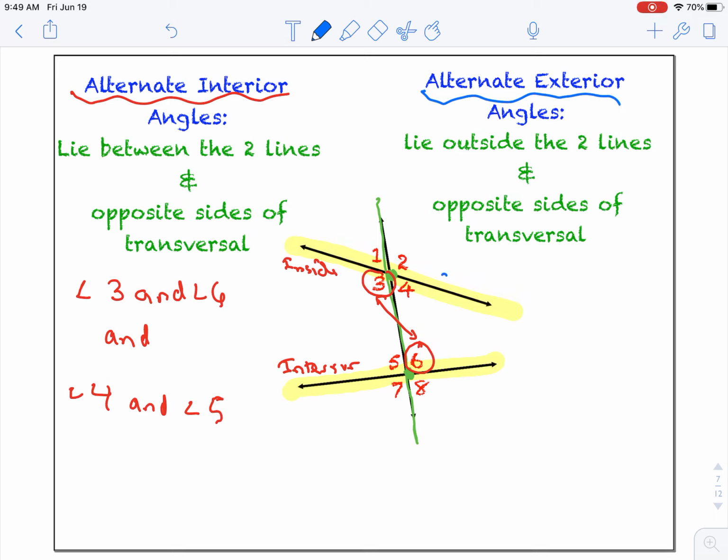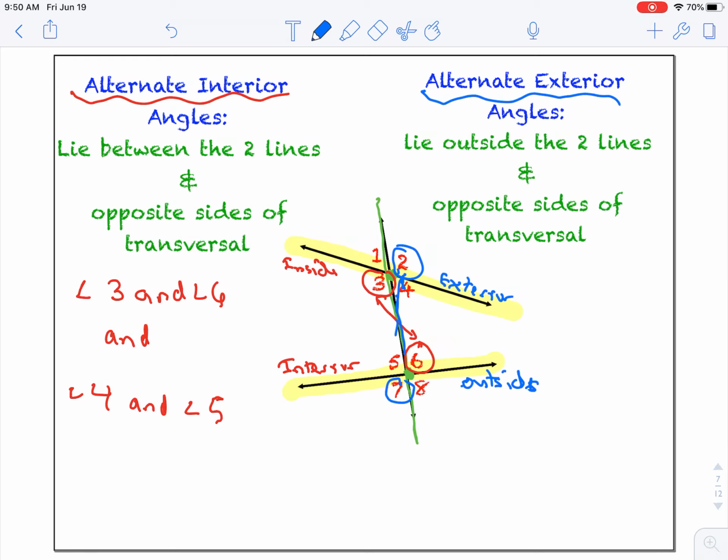So alternate exterior angles alternate but are on the exterior. So they're on the exterior or the outsides of those lines. And they're not parallel lines. I think I mentioned that earlier. They're just lines. We're going to talk about parallel lines and what that does to these angles as well in the next lesson. But now they lie on the outside, but they still alternate across the transversal.